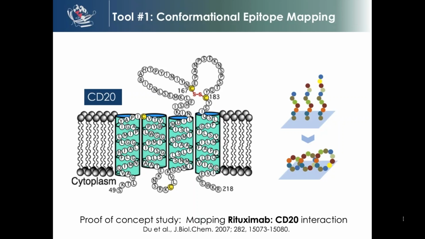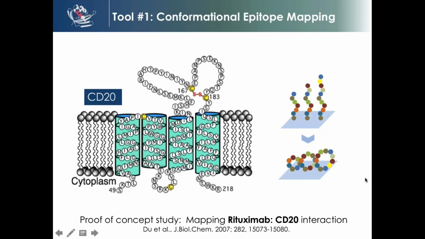It's a common therapy for B-cell tumors, and it interacts with CD20. In 2007, JPC published a co-crystal structure of rituximab and CD20, and they showed that rituximab bound to CD20 somewhere in this 15 amino acid loop.